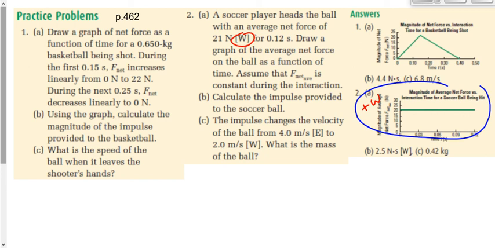Now, I don't know what I'm being asked for. I know that I'm going to think area equals impulse. And sure enough, in question B, it asks me to find the impulse. So let's say area equals impulse, or we're going to say base times height because it's a rectangle. The base here is 0.12 seconds, and the height here is 21 newtons.